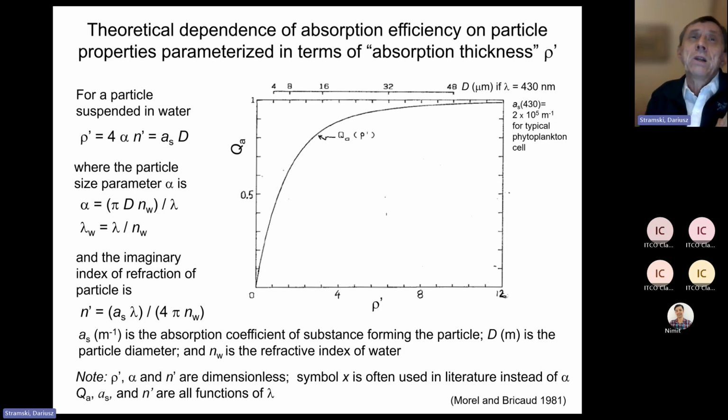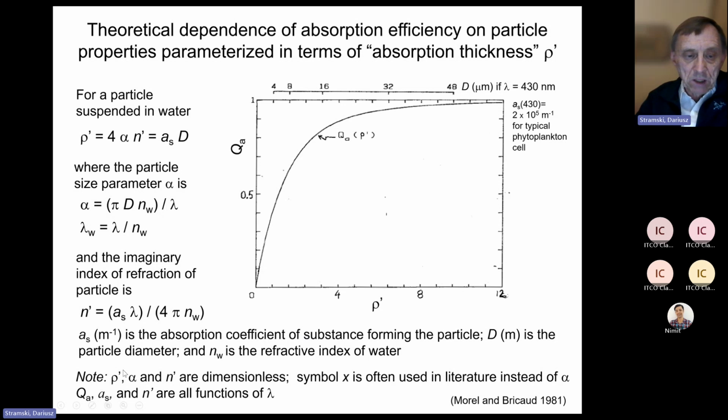As the electromagnetic wave propagates through the absorbing medium, the amplitude of electric field is being damped, and in this notation with complex numbers, this imaginary part represents this damping of electric field as the electromagnetic wave propagates through the absorbing medium. But the bottom line is, it is a real physical quantity. As you can see, it's related to absorption coefficient of substance that is forming the particle.